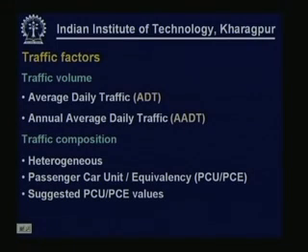There are suggested passenger car unit values for different road segments, different traffic conditions, and those values are normally available in codes. There are also country specific values which are also available.